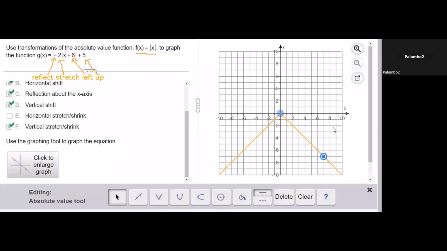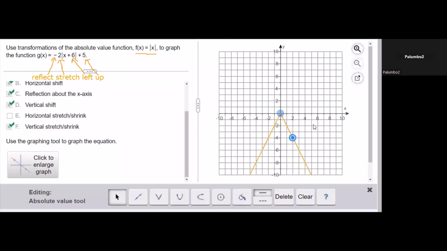Okay, that's my reflection. The next thing I need to do is stretch it vertically by a factor of 2. So instead of 1, -1, or 2, -2, I need to double them. So if I had 1, -1, it's now 1, -2. Instead of 2, -2, it's now 2, -4.